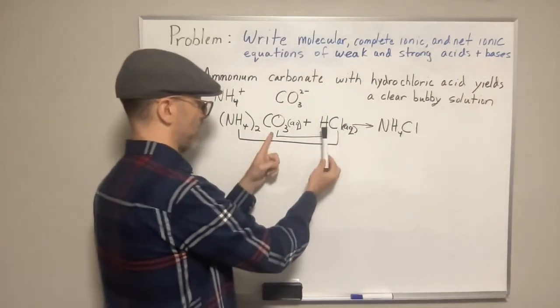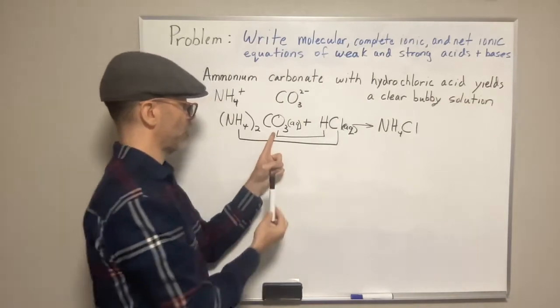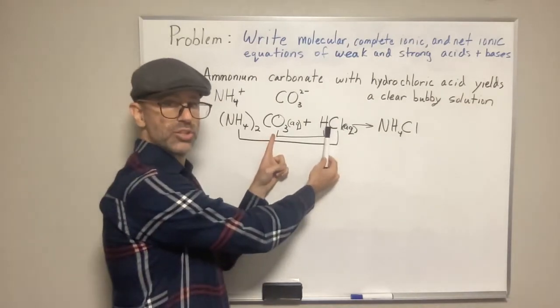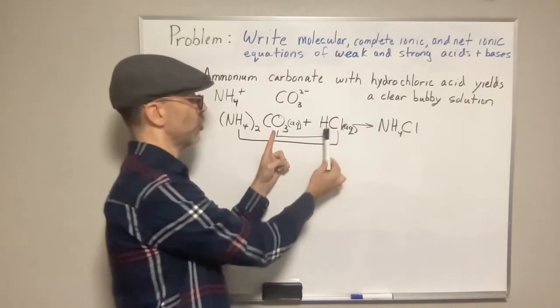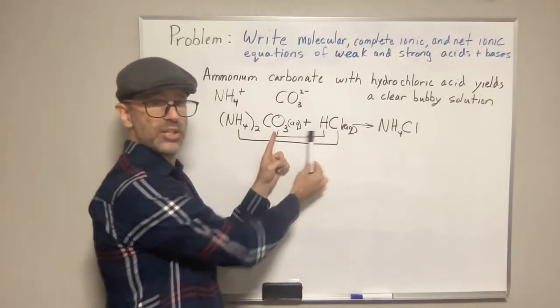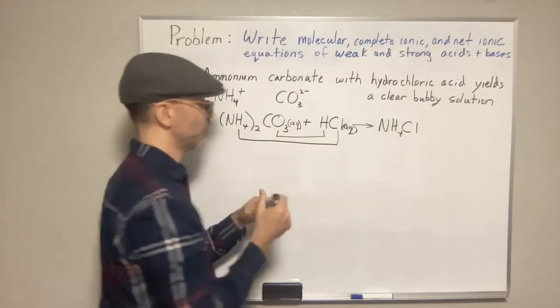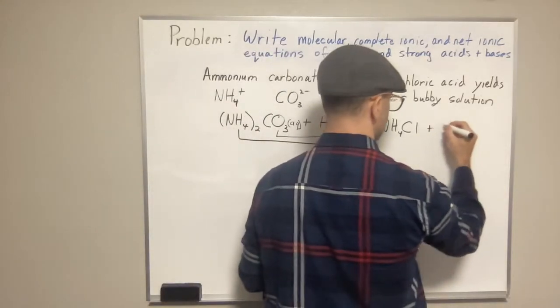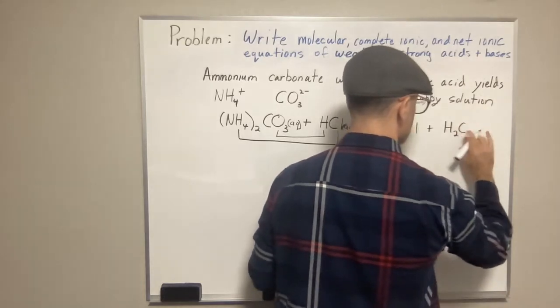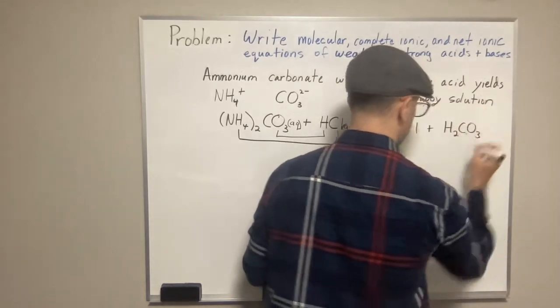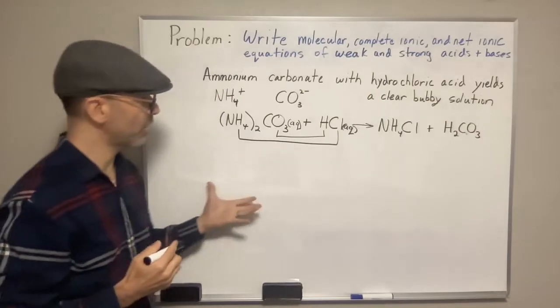And then we could do the same thing with your hydrogen and your carbonate. Hydrogen has a +1 charge, carbonate has a 2- charge. So we're going to need two hydrogens to balance the -2 charge. So that's going to be plus H2CO3. So there's our products.